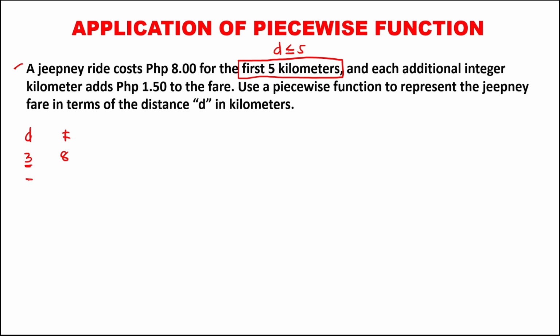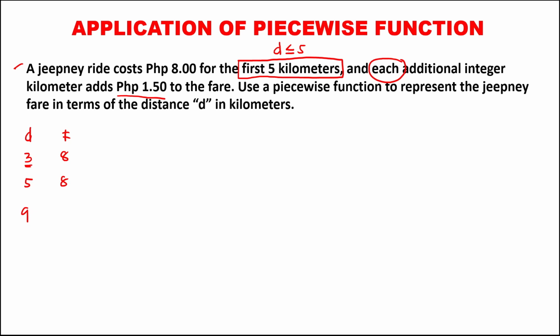If the distance is 5 kilometers, the fare is also 8 pesos because 5 is equal to 5. Then if the distance is 9 kilometers, there is an additional fare because 9 is greater than 5, and the additional is 1.50 for every kilometer.